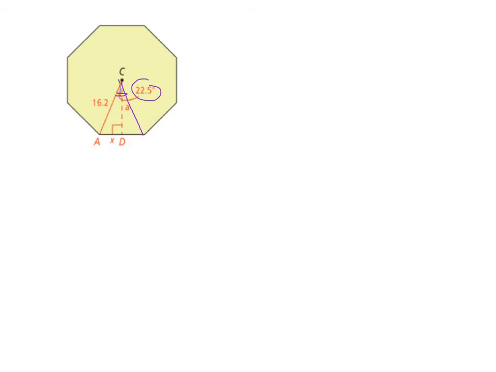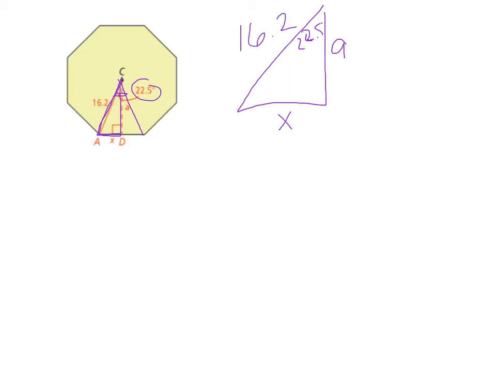So again, I'm just going to zoom in on this triangle, because this one's a little bit of a special case. This is 22.5. I don't have my apothem. I also don't have my side length, but I do have my hypotenuse. So I actually have to figure out both lengths. So first, using my angle, I have my hypotenuse, and x is looking for my opposite.